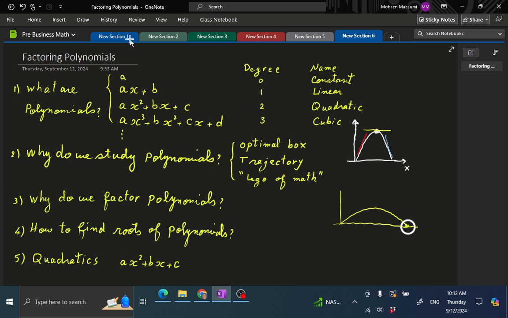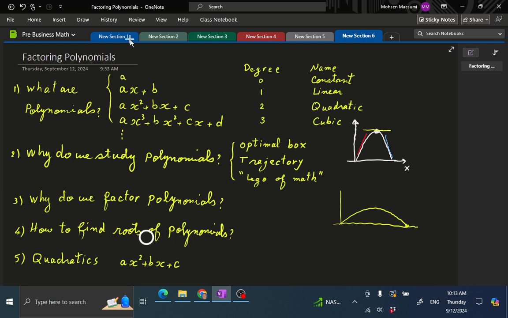You want to find out where you are going to hit, or how high you go, or just about anything you want to find. You have to solve for various aspects of this polynomial, and in this case that would be just finding the root of the polynomial. That is where you hit the ground, your height has become 0, and that's what the root means. You want to find when it becomes 0.